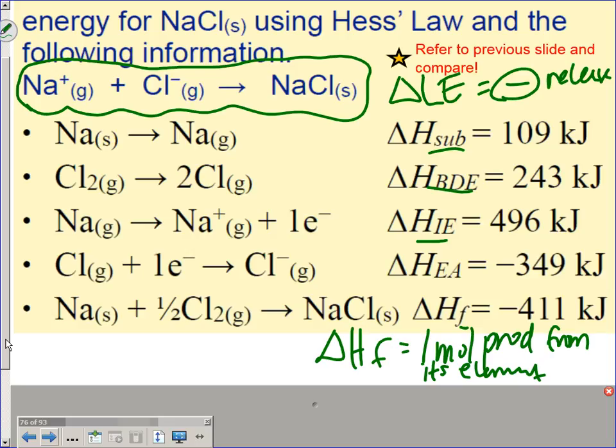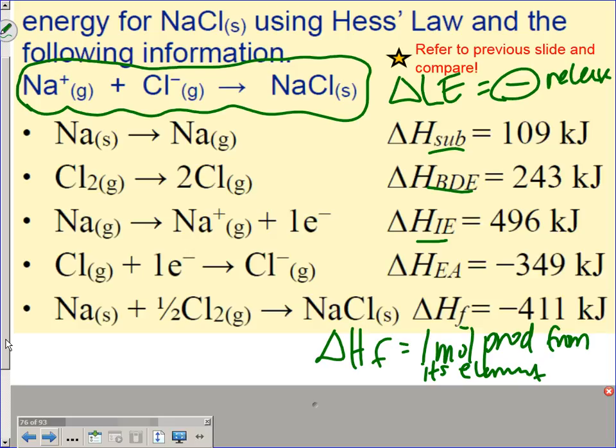Now I'm going to start with my sodium. I need to get rid of sodium solid, so what does it need to become? Sodium ion gas. What equation can I implement that would cancel out sodium solid? The sublimation one. I see sodium solid here, so I put it over here to cancel, and that means sodium gas is here. What did I do to my delta H?